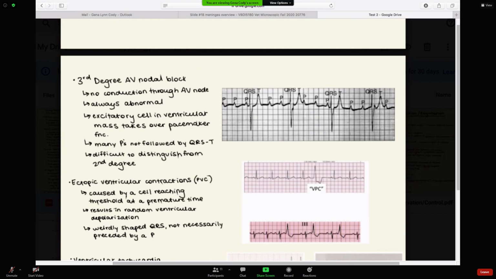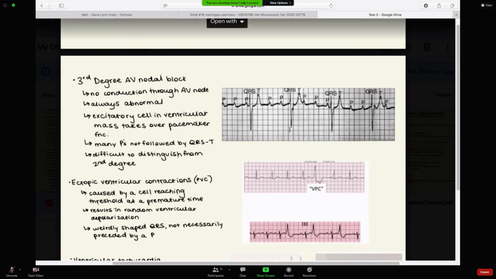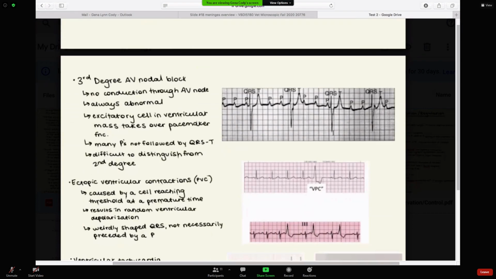So you're probably wondering, I see these ventricular contractions. How is that happening if it's not passing through? Basically it's because the ventricles will essentially take over. They will recognize that they're not getting stimulated from the SA node.